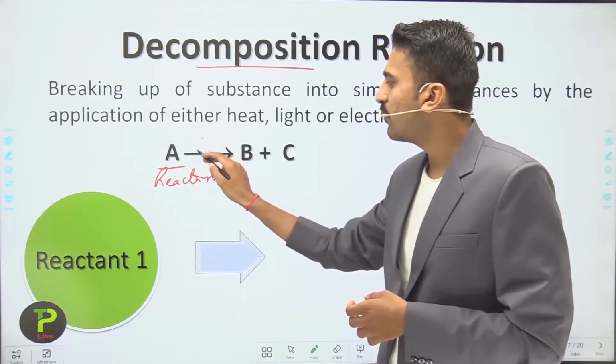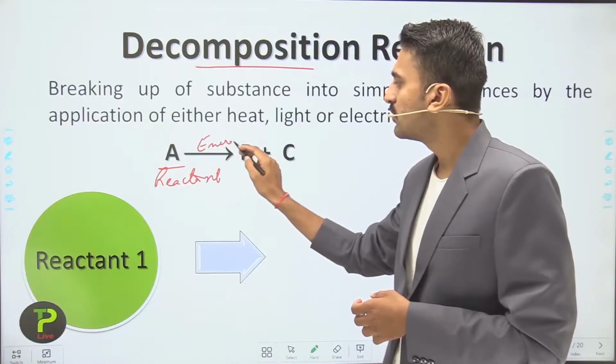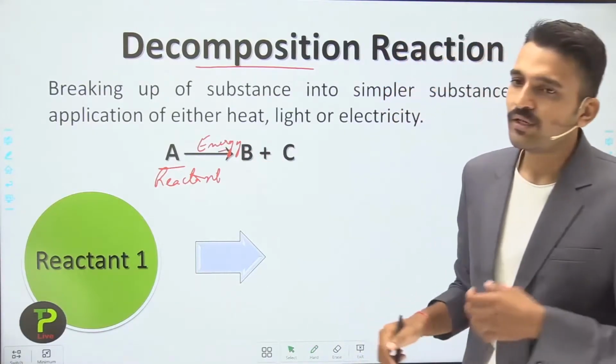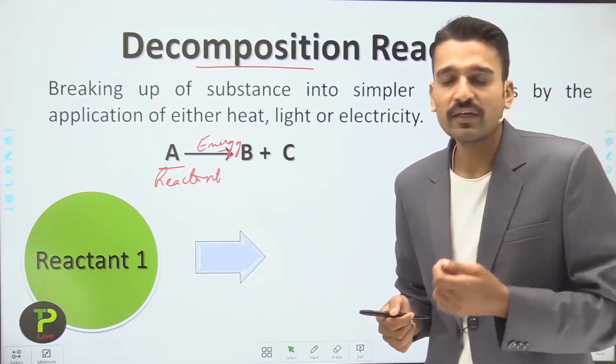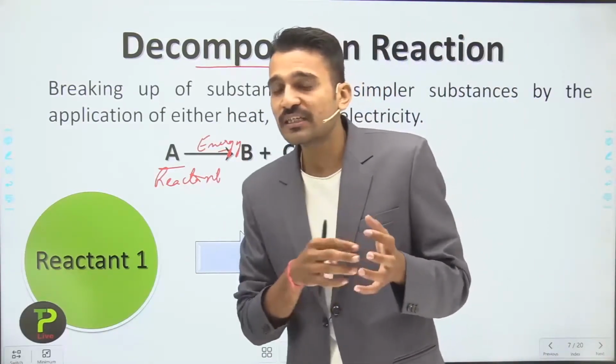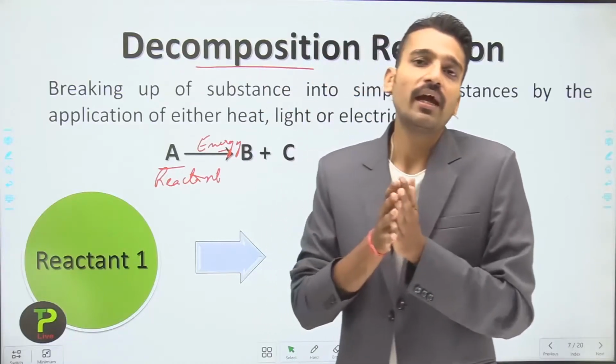If I write it like this, A is the reactant, and with the help of energy it forms the products B and C. For a decomposition reaction to occur, we need energy.